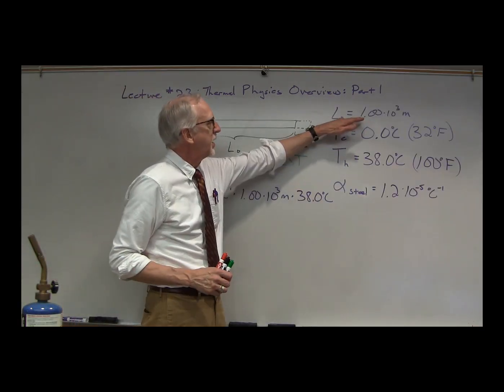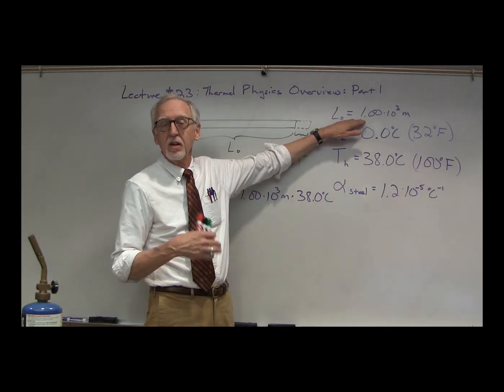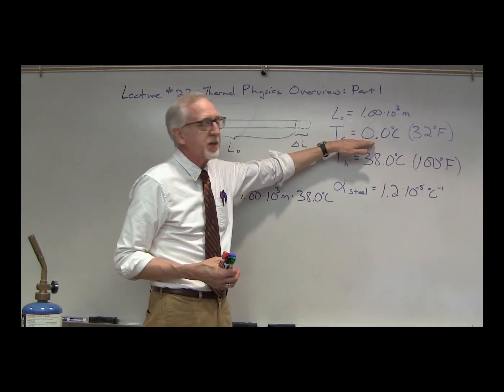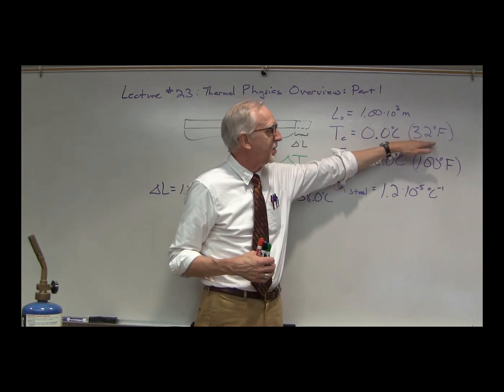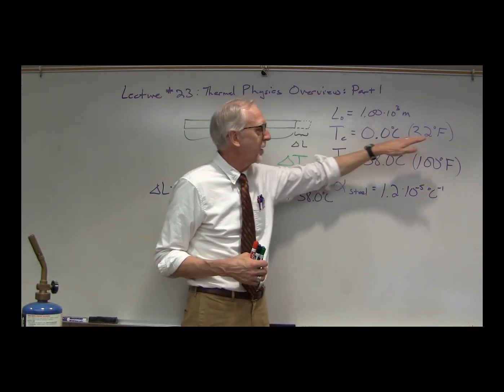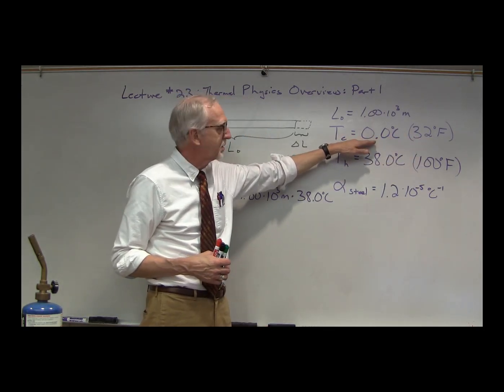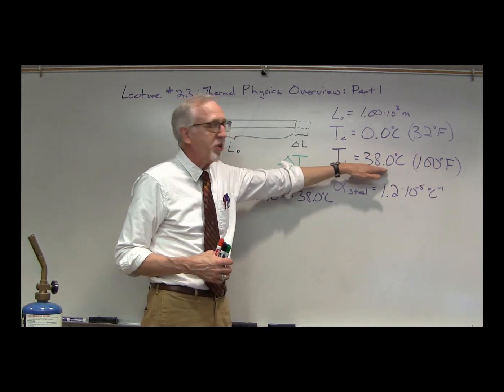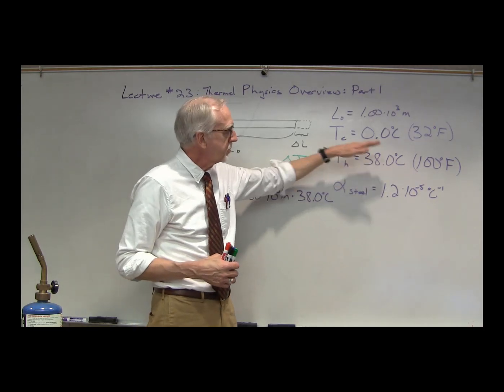So, we've got an initial length of 1 kilometer or 1,000 meters. Let's say the initial temperature, the cold temperature, is a freezing day, 32 degrees Fahrenheit or 0 degrees Celsius. Hot day in the summer, 100 degrees Fahrenheit, that would be about 38 degrees Celsius.